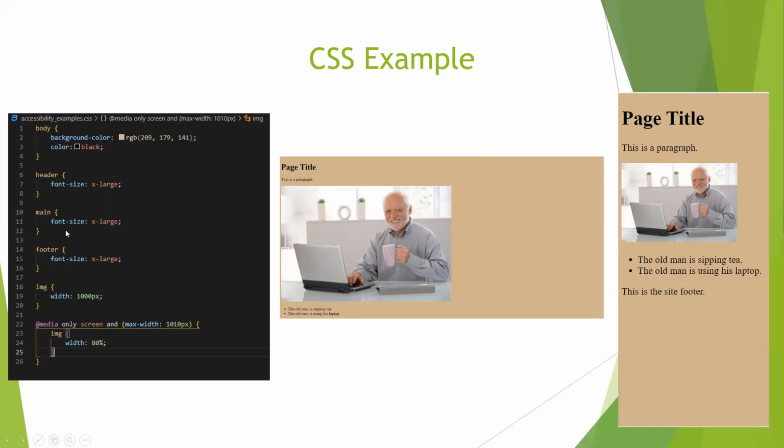I also made the fonts for the headers, the main, and the footer larger, just to show how we might design something to be accessible for someone who had a hard time reading smaller text. And then here I checked this with that color checker I showed you.